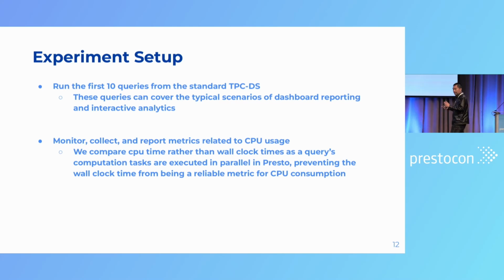So comparing wall-clock time is sometimes not fair for evaluation. We check the CPU time, because CPU time is the total CPU usage of all the splits, which Presto sums together. So we use these metrics to evaluate our work.